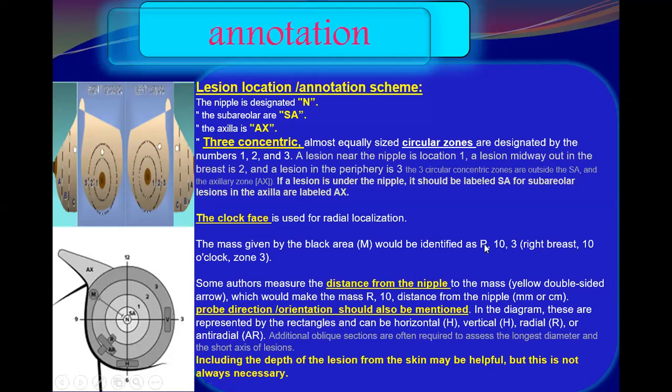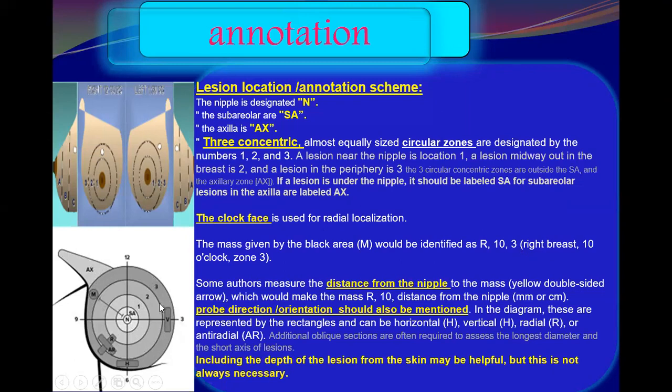They put R10-3. That means it is right breast at 10 o'clock at zone 3, because it is at the periphery. This is zone 1. This is subareolar. Zone 1, zone 2, zone 3, and look, the axillary tail and axilla are not included in zone 3.